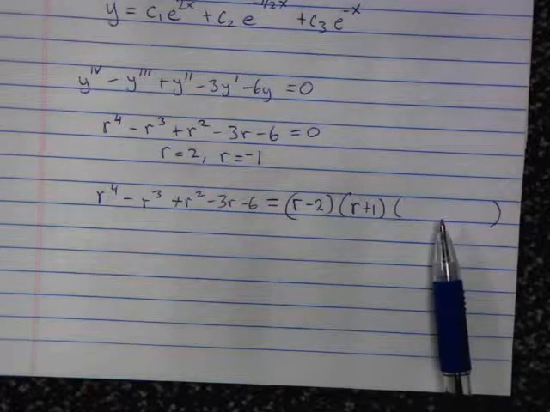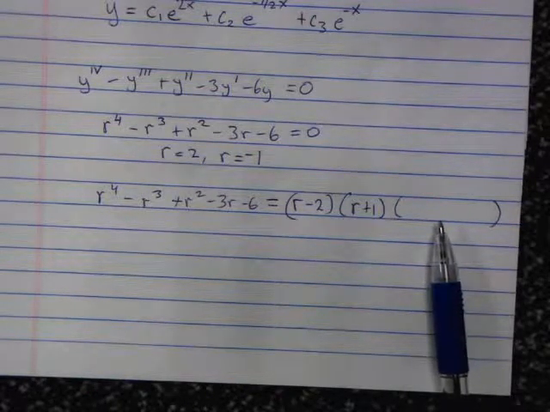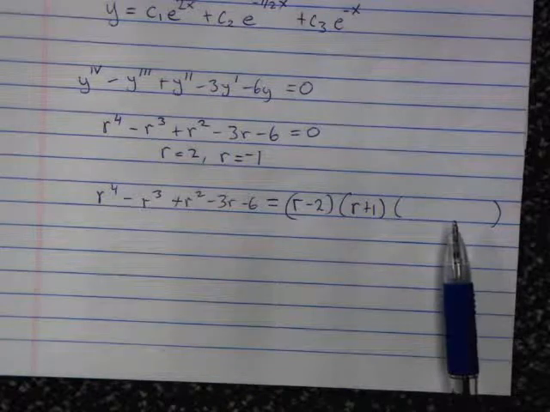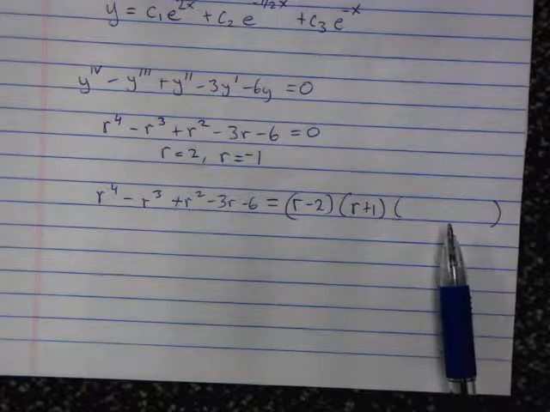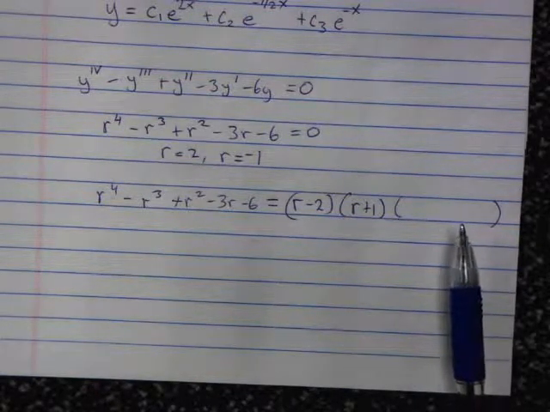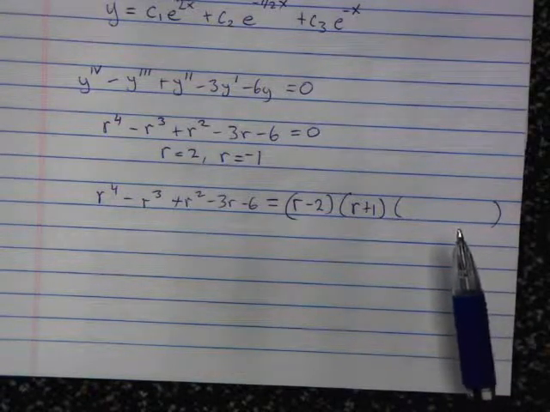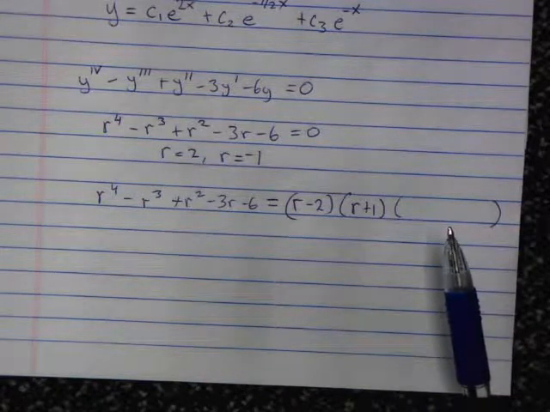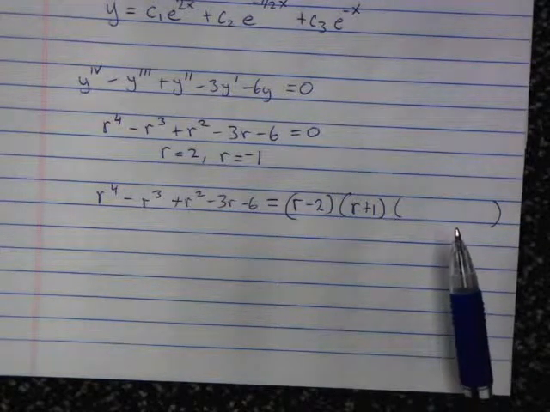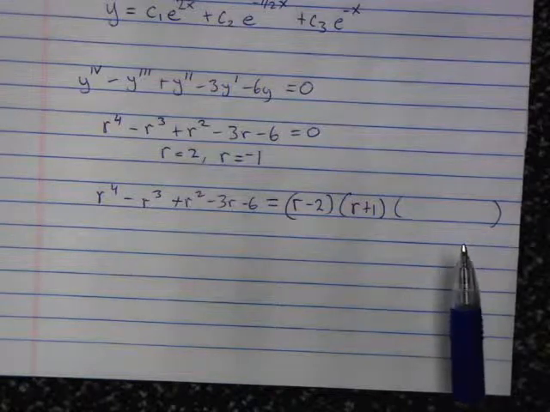Long division. You can do long division or you can do synthetic division. Those are your two choices. Anybody remember long division or synthetic division? I think I remember something. Which one do you recommend? I recommend synthetic because I think it's faster and easier.